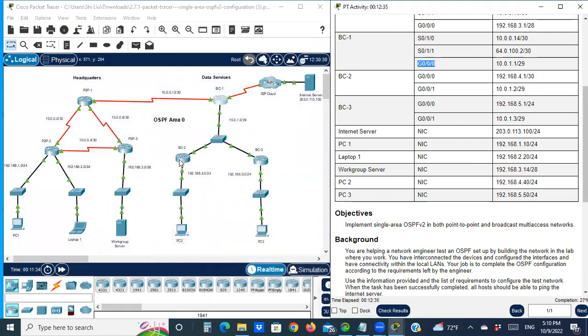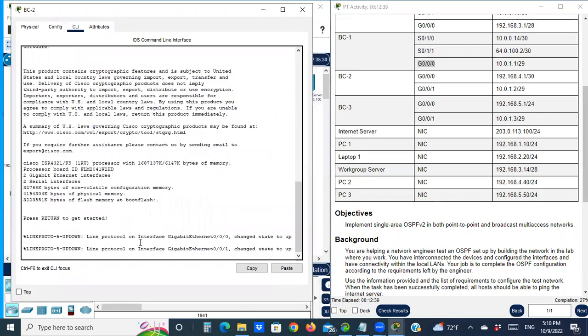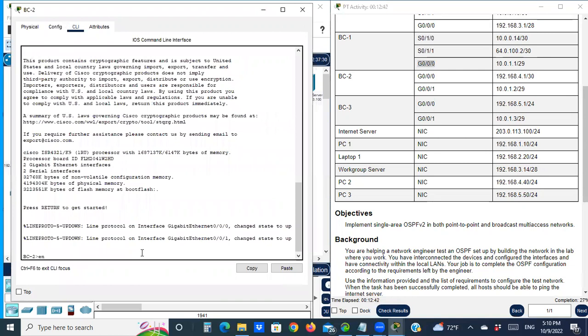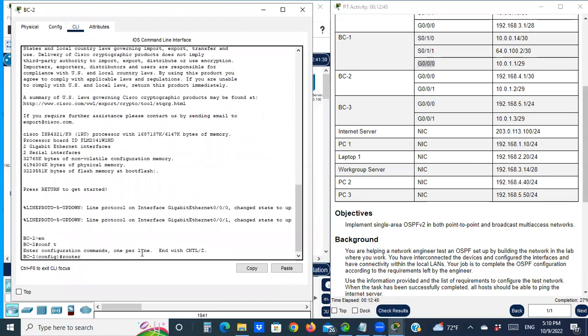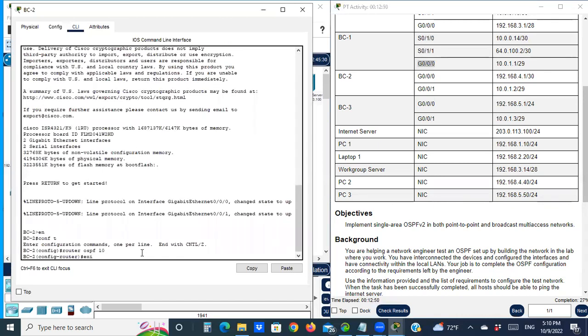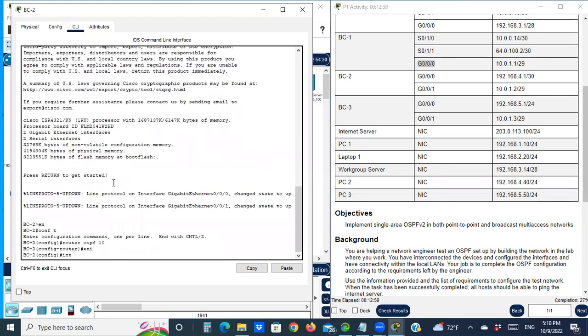BC2 has 2 interfaces. Enable, configure terminal, router OSPF 10, exit. The interfaces on BC2 are G0/0/0 and G0/0/1.